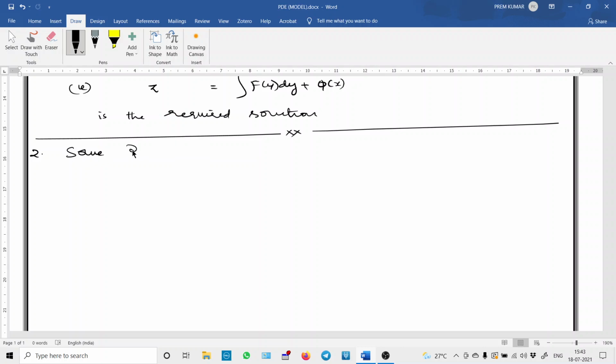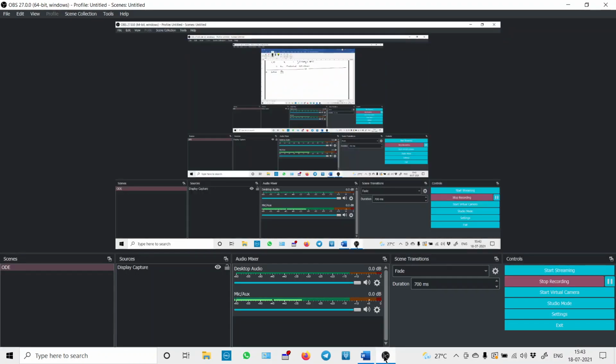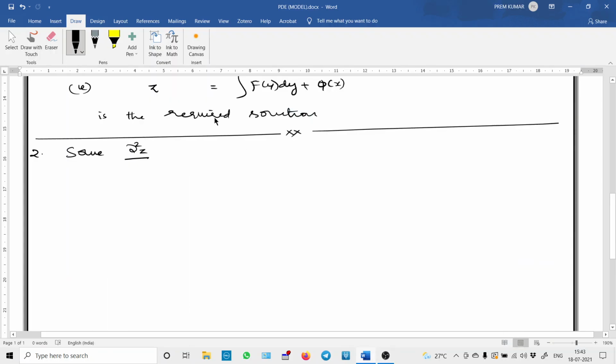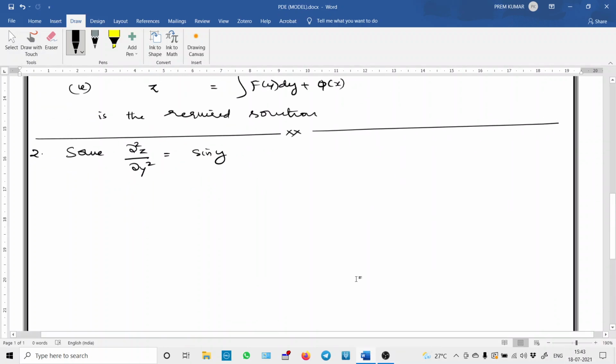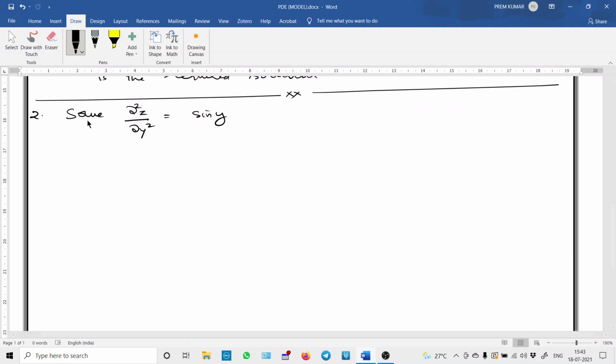Solve ∂²z/∂y² = sin y. So this is a problem.